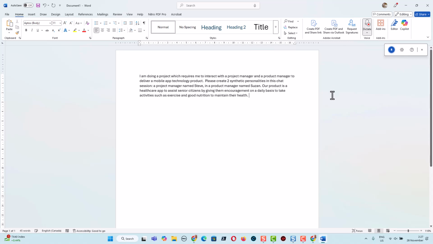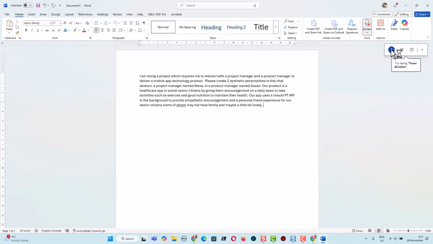Our app uses a ChatGPT API in the background to provide empathetic encouragement and a personal friend experience for our senior citizens, some of whom may not have family and may be a little bit lonely. Right, so that's just my explanation of a product I want to work with them on. Now pay attention.